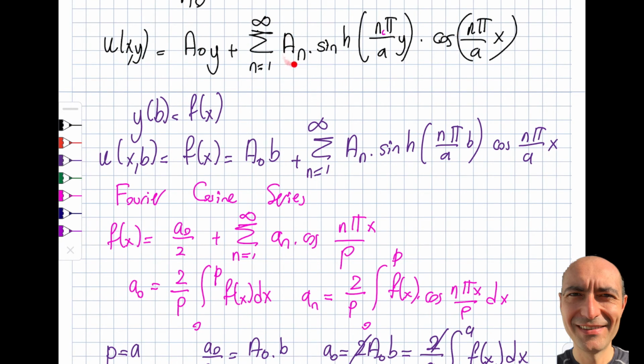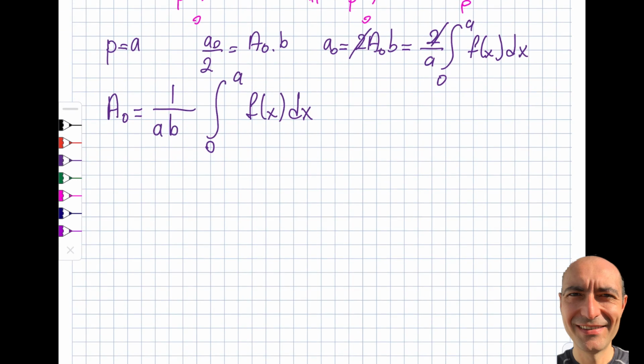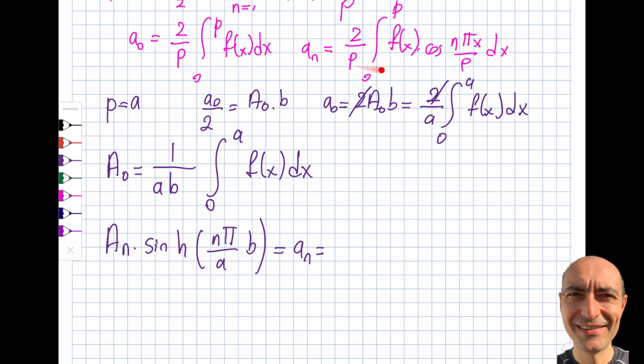Now I'll do the same treatment for this an. Remember, this is lowercase a sub n, okay? So if I do that, capital An times sinh n pi by a b will be equal to lowercase an, and up here you've seen over here, so I'm just going to take this and plug it into here, okay? Except that I'm going to replace wherever I see p with a. Integral 0 to a f of x cos n pi by a x.